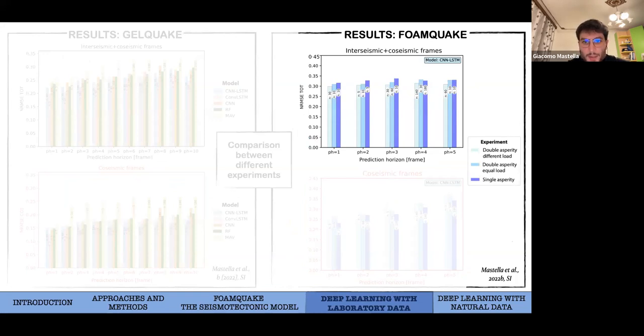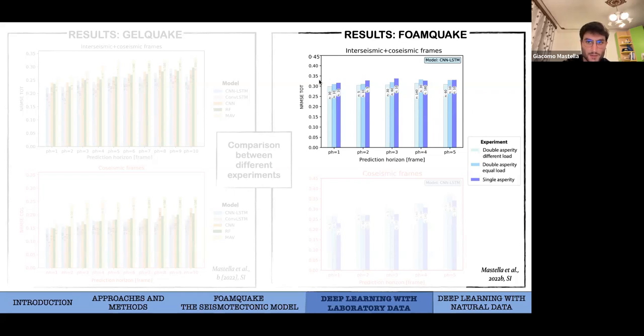We also compare the errors calculated for the different experimental configurations that we tested with FOAMQUAKE. Here I represented the errors again as a function of the prediction horizon for the three different configurations: a double asperity model with a different normal load, a double asperity experiment with an equal normal load above the two asperities, and a single asperity model.